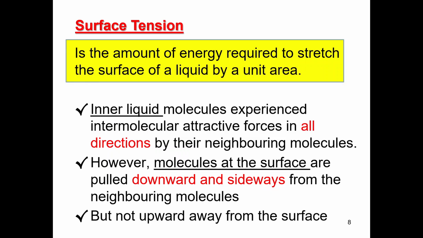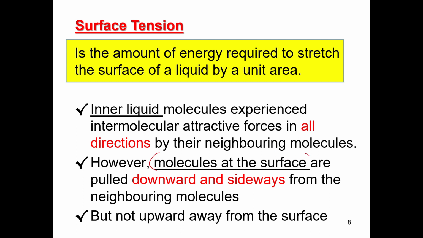Okay, second properties is surface tension. From definition, surface tension is the amount of energy required to stretch the surface of a liquid. Okay, actually this surface tension occurs when we have molecule at the surface.